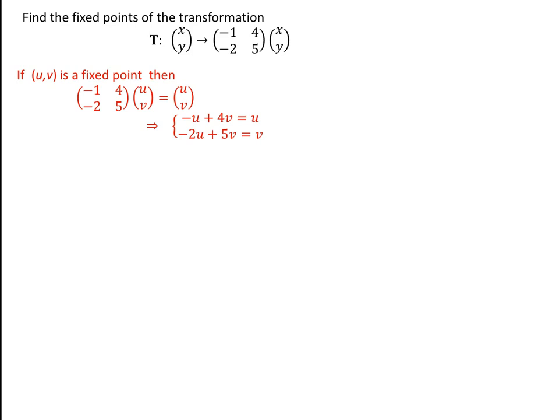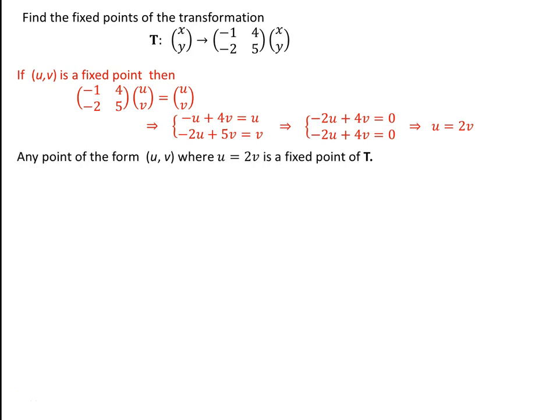Now, if I tidy up those two equations, I can rewrite those as -2u + 4v = 0 and -2u + 4v = 0. And both of those two equations in fact are exactly the same, and both of them just tell me that u must be twice v.